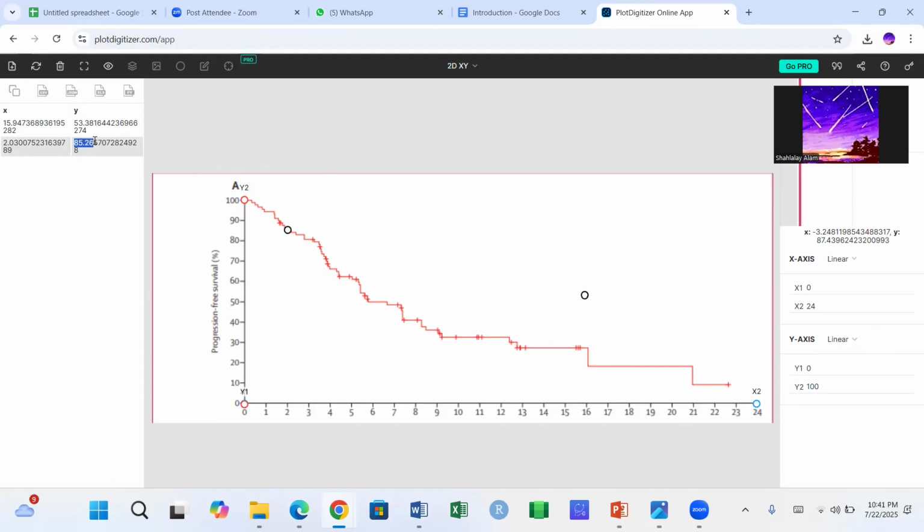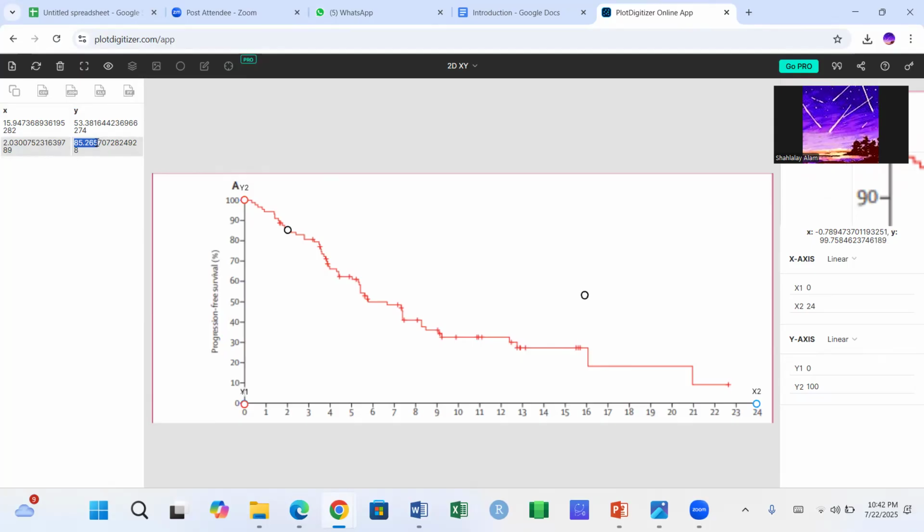If the calibration is in the form of 1, for example, if the upper limit of the y-axis is 1, then I'll just multiply this y value with the sample size. But if the upper limit of the y-axis is 100, then what am I supposed to do? I'll multiply this particular value with the sample size divided by 100.